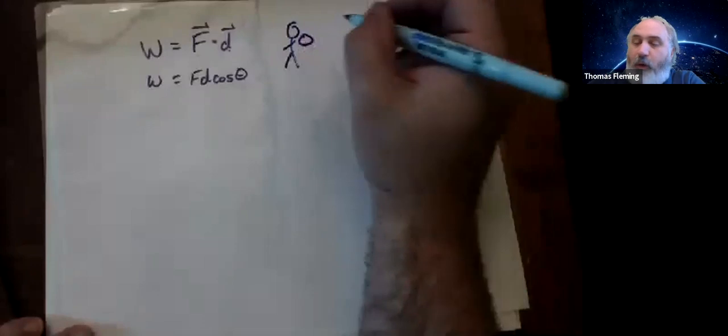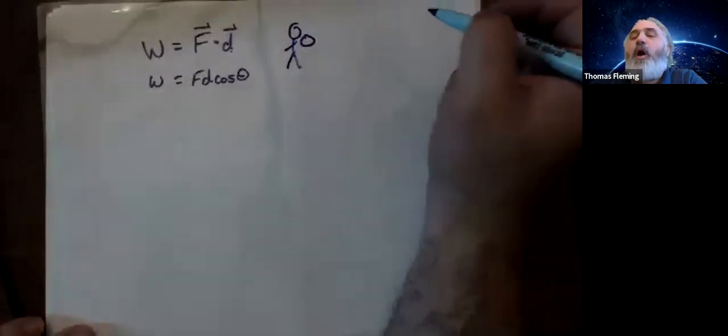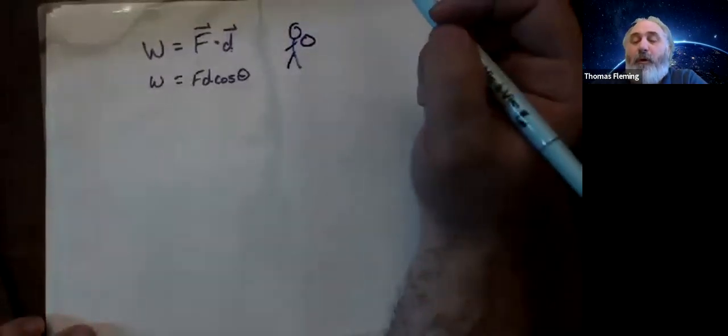Here's the bowling ball and I'm holding it. Now, as you walk, what direction are you pushing to hold that bowling ball? Let's assume you're walking at a constant speed. What direction is the force that you're exerting on that bowling ball? Upward? Yeah, I gotta push upward.